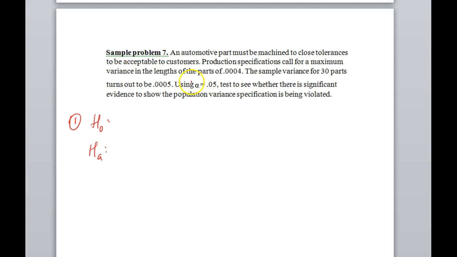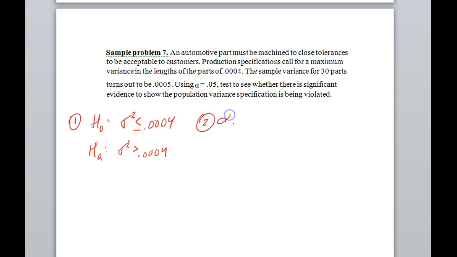With variance, you're always wanting less variance, so the status quo should be minimal variance. So for the alternative hypothesis, you generally want to make a greater than alternative. So sigma squared, we suspect, is greater than 0.0004. Conversely, H naught is sigma squared less than or equal to 0.0004.